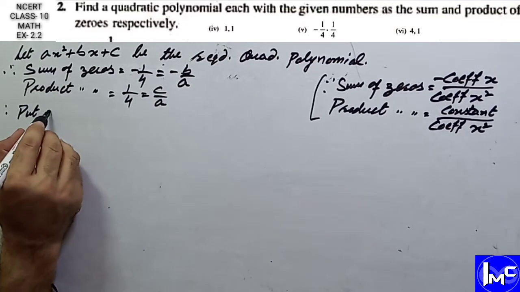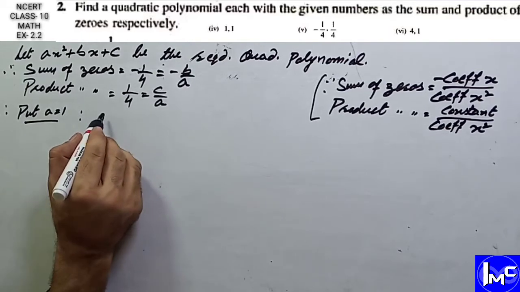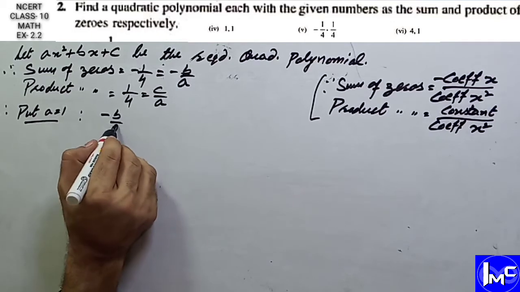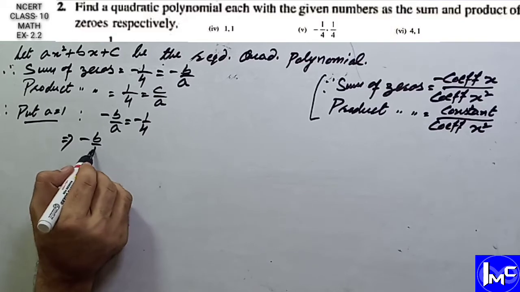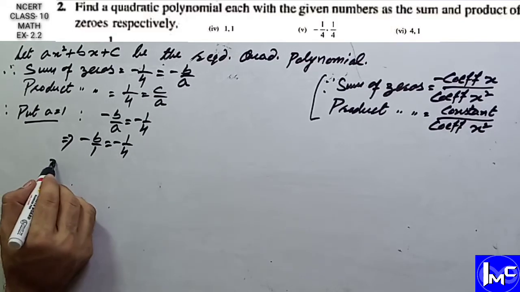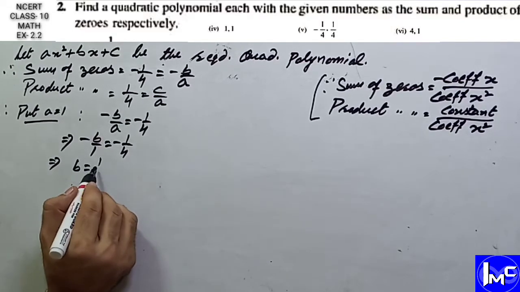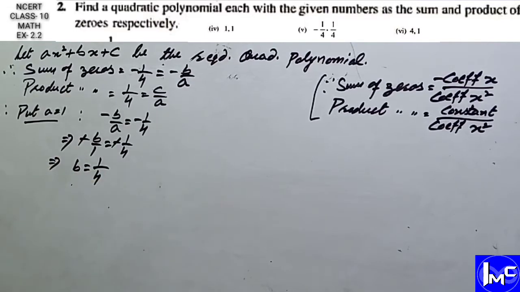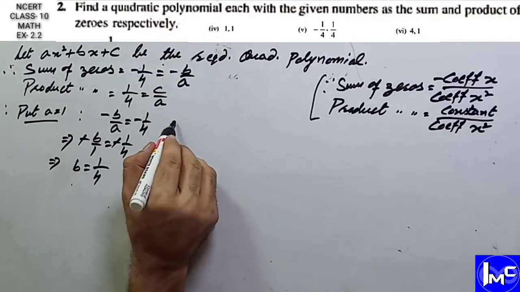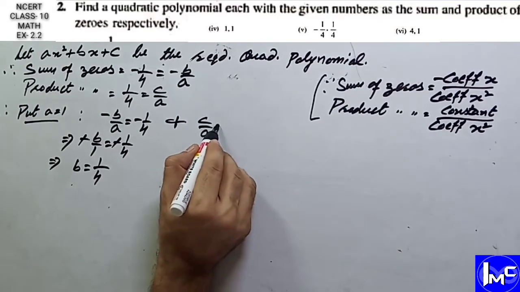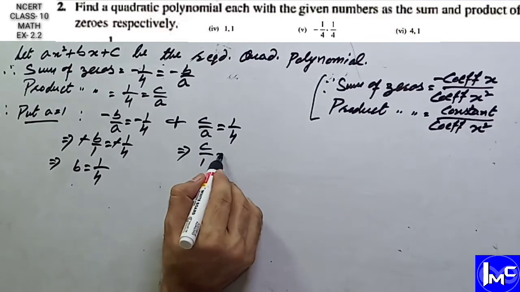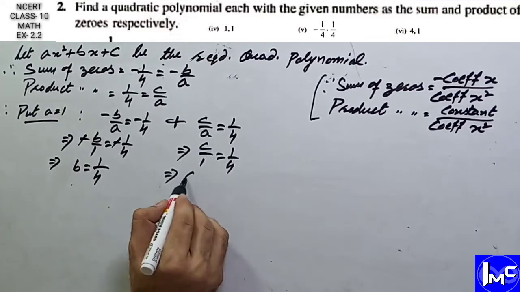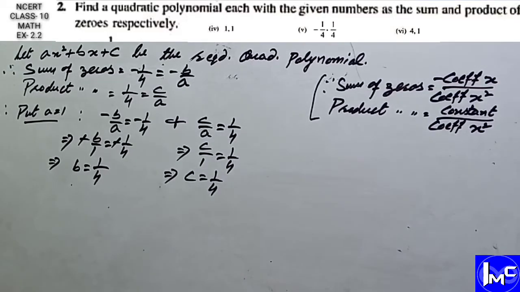Put a is equal to 1, you will get minus b over a is equal to minus 1 by 4, as minus b over 1 is equal to minus 1 by 4 implies b is equal to 1 by 4. Minus signs are cancelled on both sides, and c over a is equal to 1 by 4. That implies c over 1 is equal to 1 by 4, and that implies c is equal to 1 by 4.